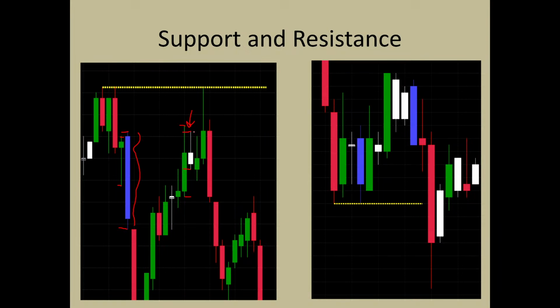So it's totally inside the shadow of this green candle, and we call that an inside candle. So on my screen, if you see white, it means it's an inside candle compared to the candle before it. If you see blue, it was totally bigger, higher and lower than the candle before it.